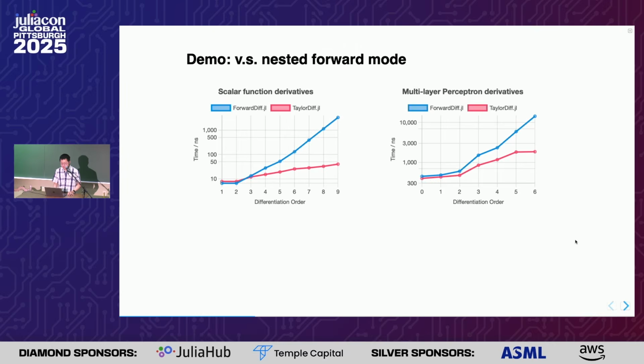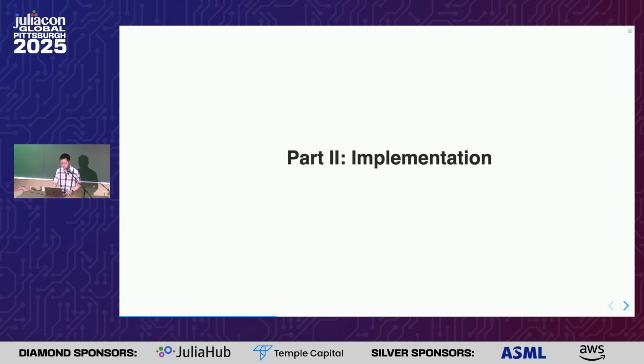Then just a very little demo on very simple functions, but you can see that for these simple cases, nesting the first order derivative is quite a bit slower than doing this all at once with Taylor mode.